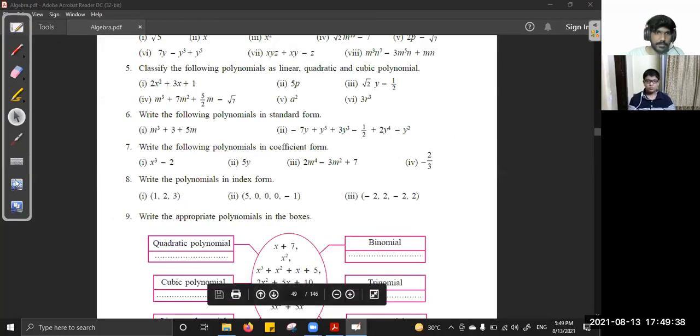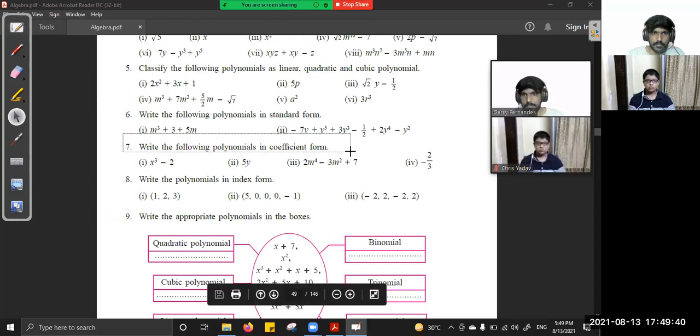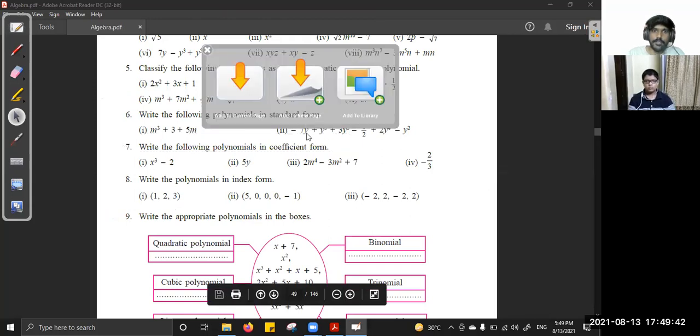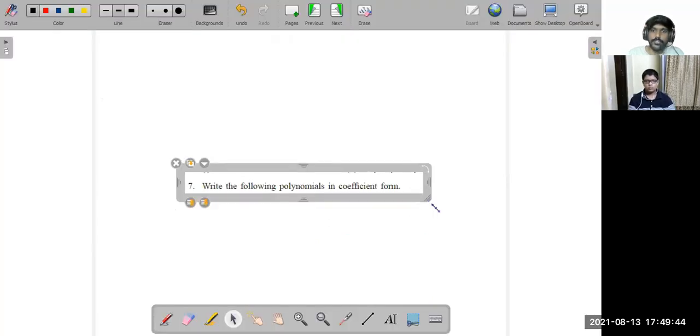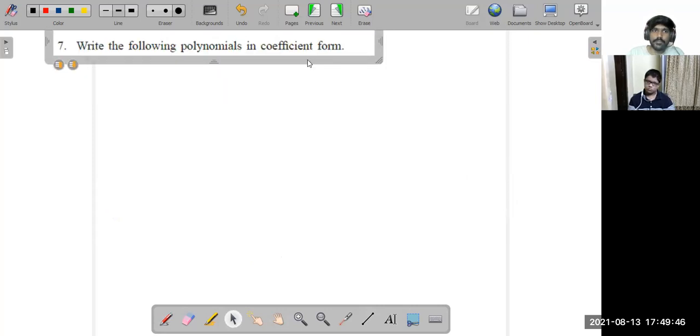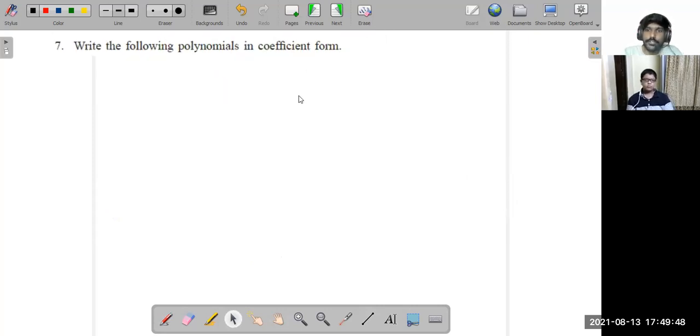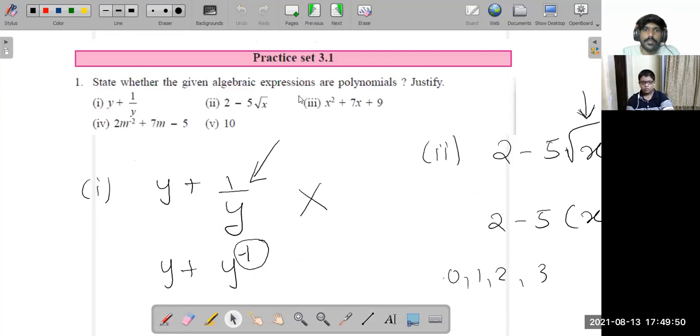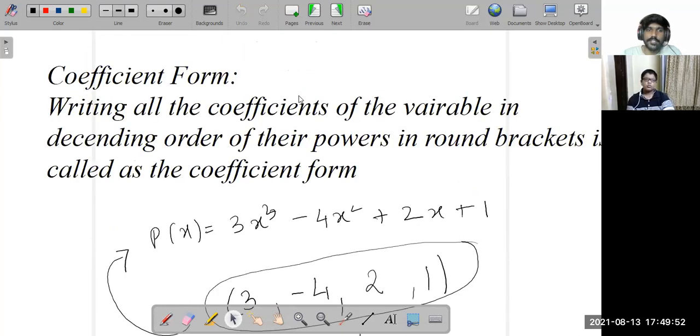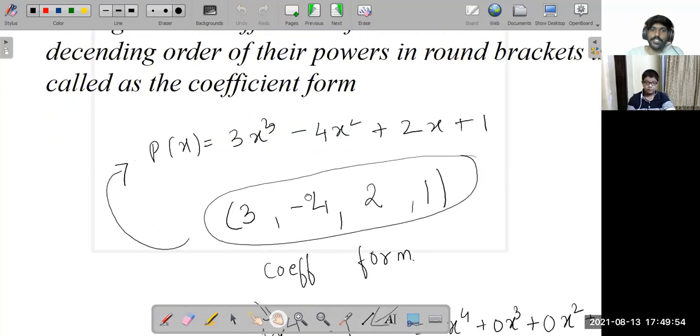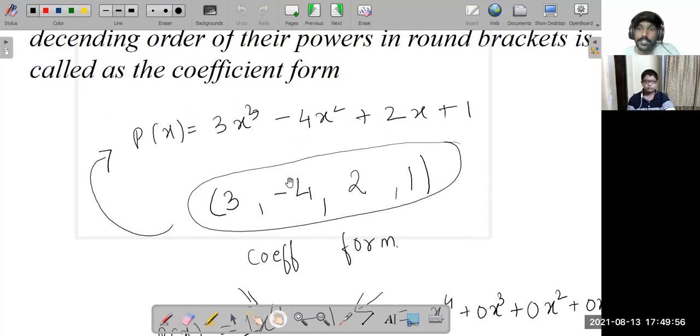Okay, seventh one. Write the following in coefficient form. Do you remember coefficient form? Yes. So you just write out the coefficients.